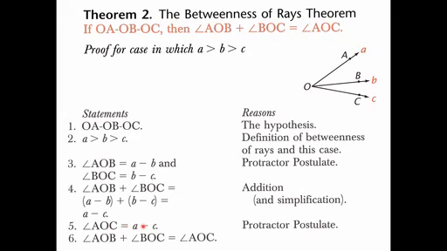So if two things are equal, we can, yes, substitute. So I'm going to take angle AOC and substitute it in for A minus C. And we end up with our proof. And that then is substitution. And here you see we use steps 4 and 5. We started with 4 and we substituted in 5.